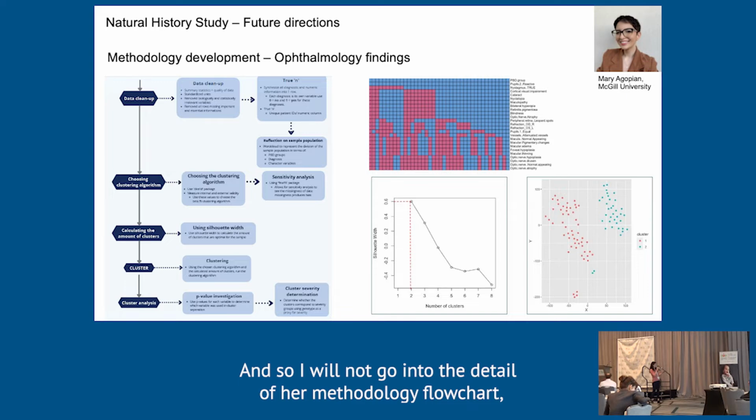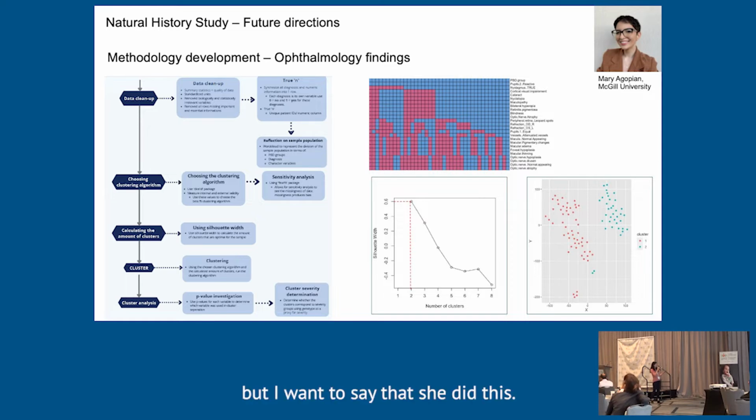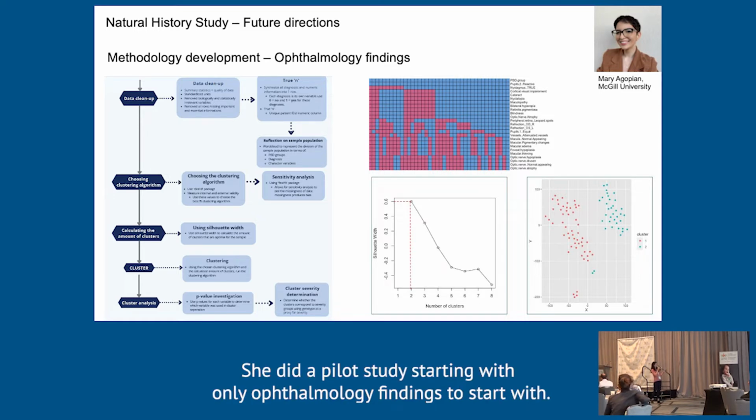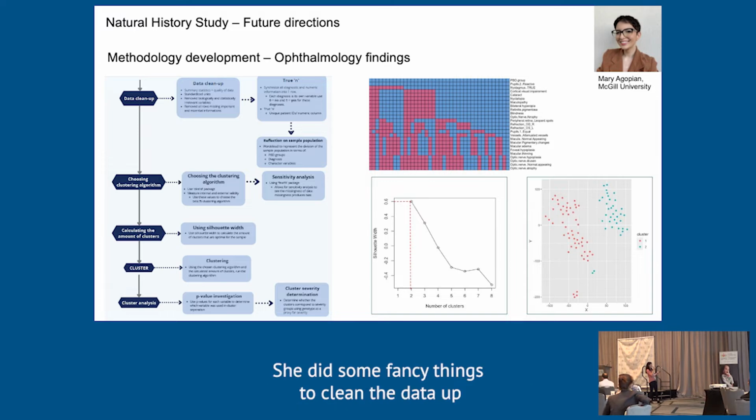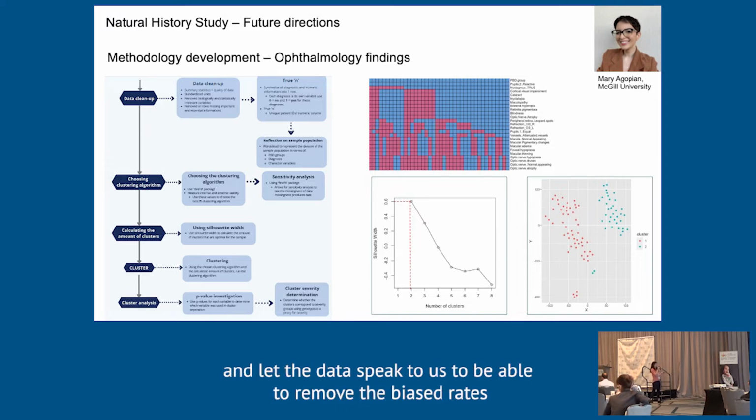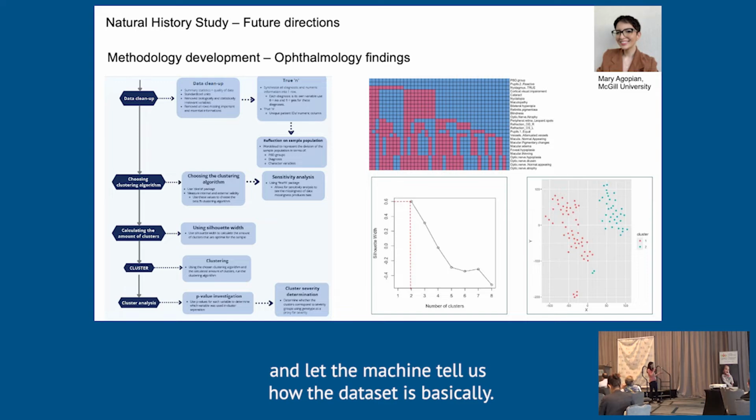I will not go into the detail of her methodology flowchart, but I want to say that she did a pilot study starting with only ophthalmology findings, and she looked at all the data from our natural history study. She did some fancy things to clean the data up and let the data speak to us, basically, to be able to remove the bias that we have in our grades and let the machine tell us how the data separates.